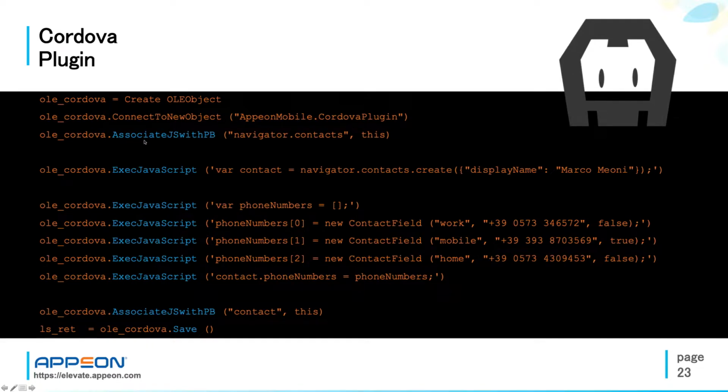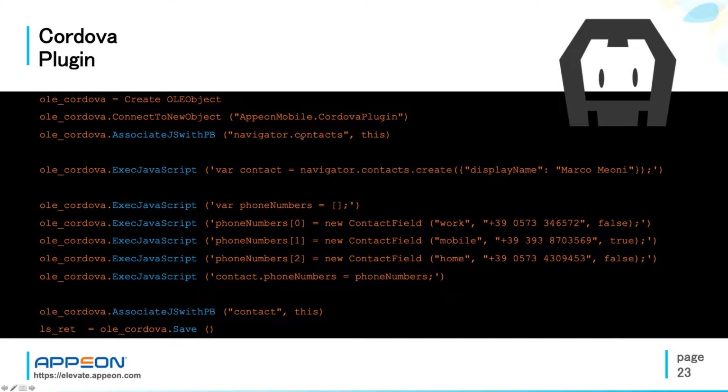Then the majority of the work, the magic, is done by this method, AssociateJavaScriptWithPowerBuilder, which associates a Cordova plugin, so a JavaScript object, with a PowerBuilder object. And after the association is completed, the PowerBuilder object will have all of the methods and properties that the JavaScript object has.